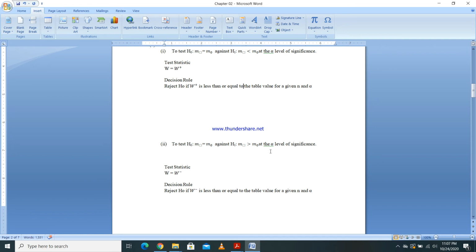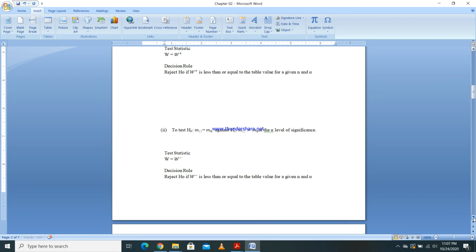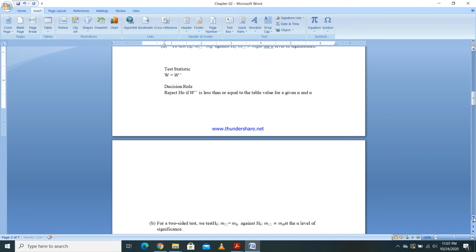We are going to observe the table value from the Wilcoxon table and take the decision. So that is what you have to do if you are going with a one-sided test.